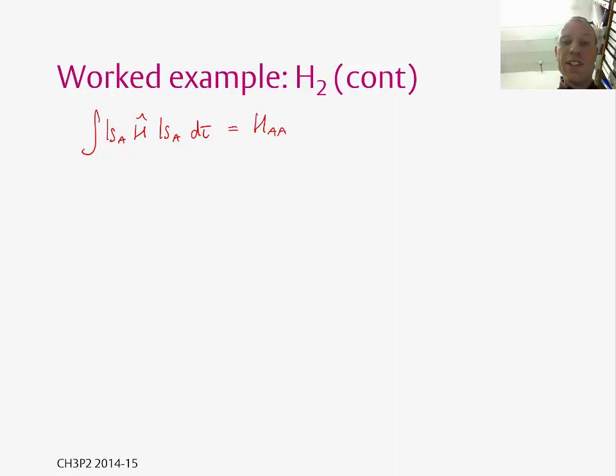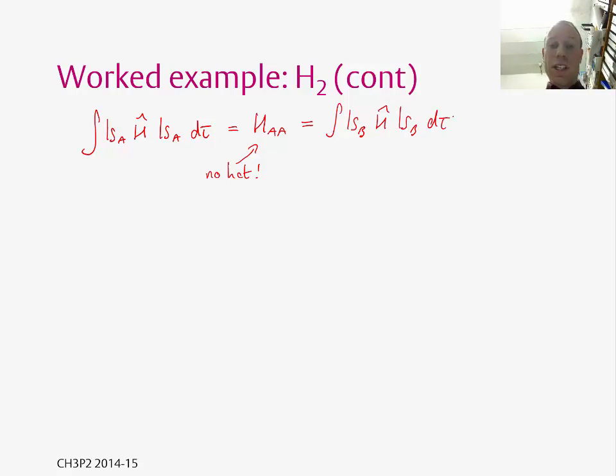You'll notice there's no hat on here, and it's just a number. But we know the 1s orbital on atom A of the hydrogen is the same as the 1s orbital on atom B. So HAA is also equal to the integral 1sb H hat 1sb d tau.